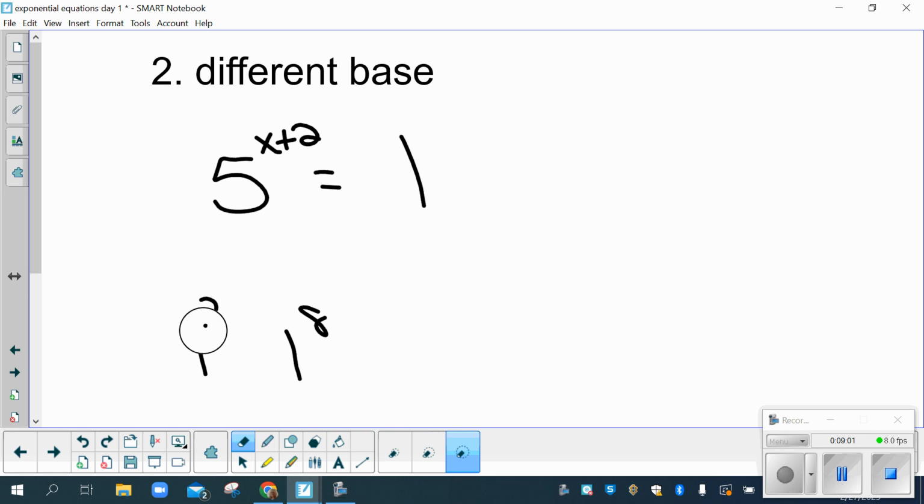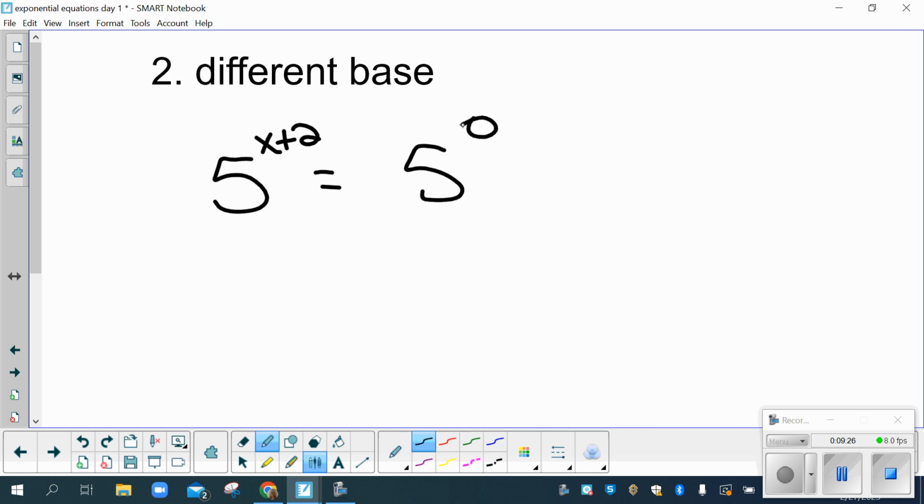But I want you to think about this. Mrs. Weir taught you a property way back that can turn any number into the number 1. What is it? Do you remember? 0, right. If I take any number and I put it to the 0 power, it becomes 1. So I'm going to say, I don't like 1s anymore. I'm going to change him to 5 to the 0 power.